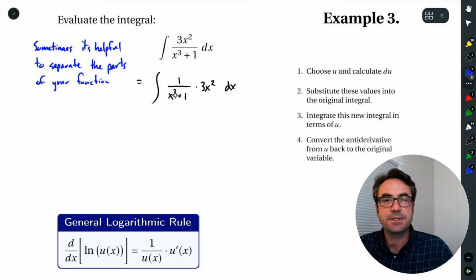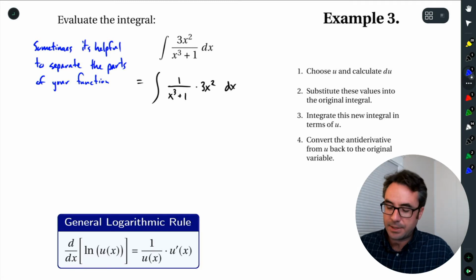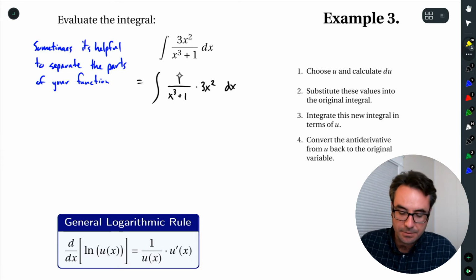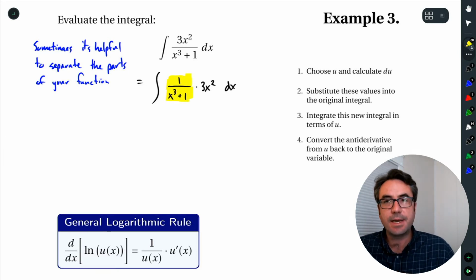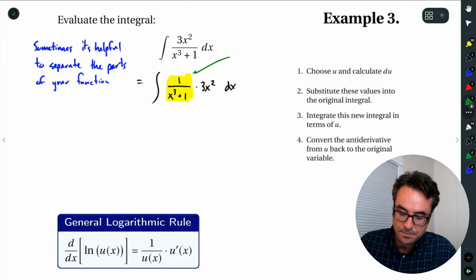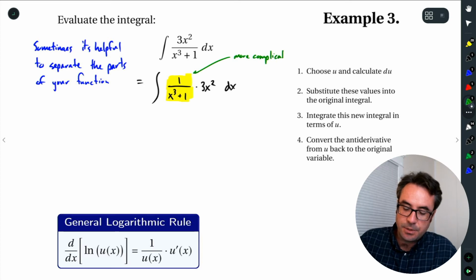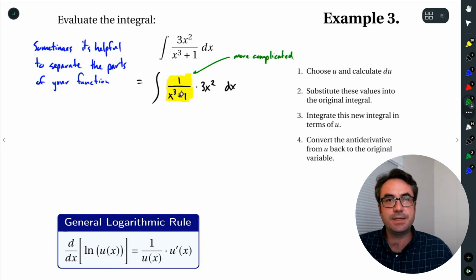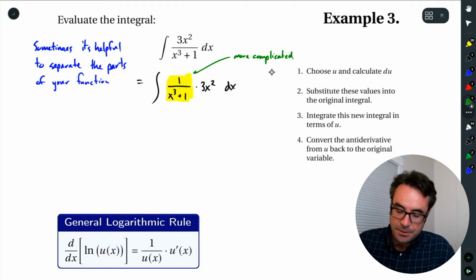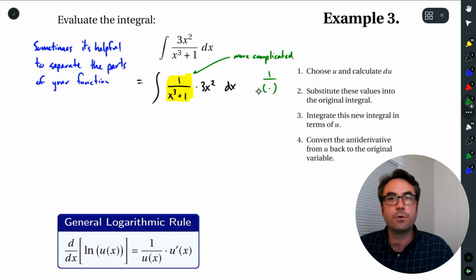When you have these different pieces, you want to look at what's the more complicated piece. I have 3x squared here, and 1 over x cubed plus 1 right here. I would say that's the more complicated piece. You're trying to identify what basic form it's related to. I would say this is the reciprocal form, 1 over something. We have 1 over something in the denominator.